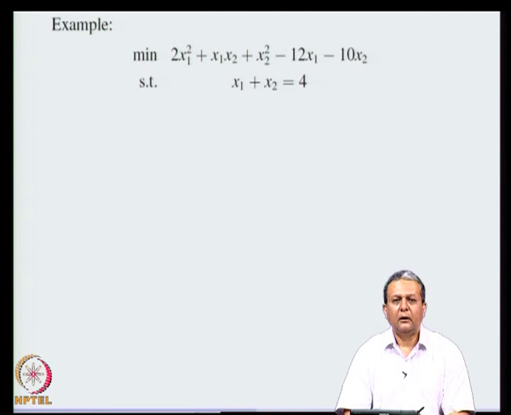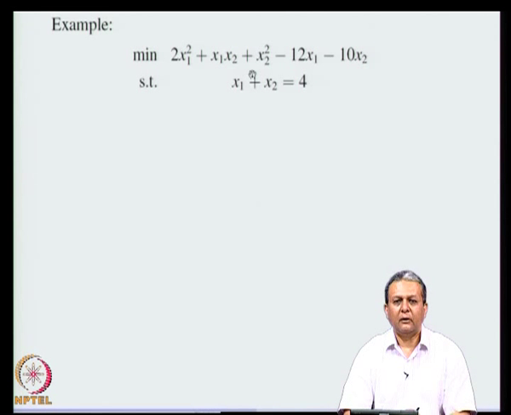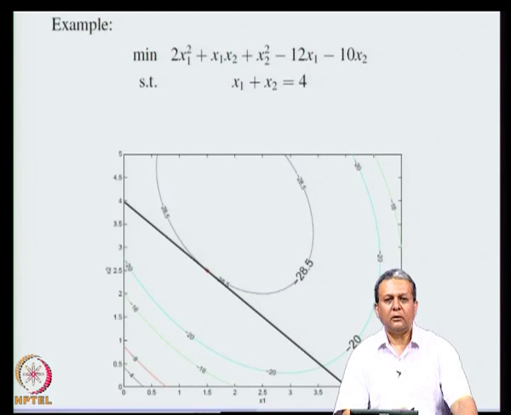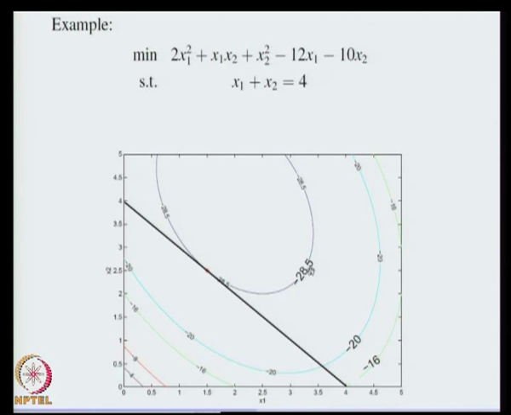So, here the objective function has elliptical contours. The constraint set is still the same, x1 plus x2 equal to 4. Let us see how the contours look. So, the contours of the objective function look like this. This is the contour with the objective function value minus 28.5, and then as one moves away, the objective function value increases.